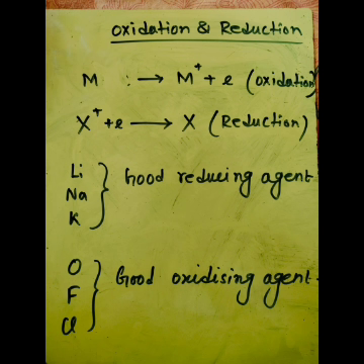because reduction reaction means gaining of electron. Therefore, after gaining one or two electrons, they are stable, so they are easily reduced. If they are easily reduced, then they oxidize others. So fluorine and oxygen atoms act as good oxidizing agents, whereas alkali or alkaline earth metals act as good reducing agents.